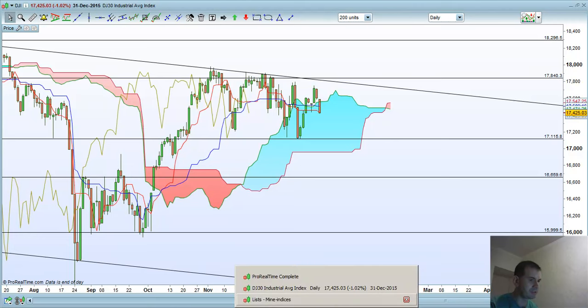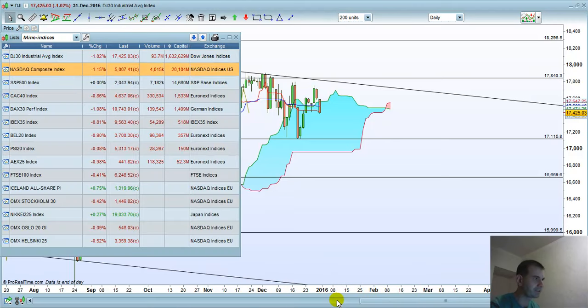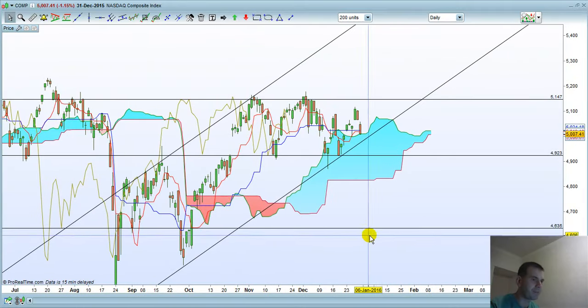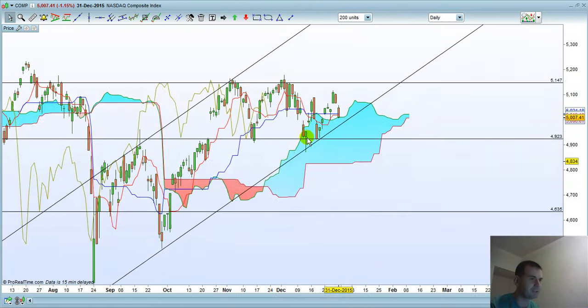So the next index is Nasdaq index. What can we see here? As you can see in the chart, daily charts. Today we examine daily charts.